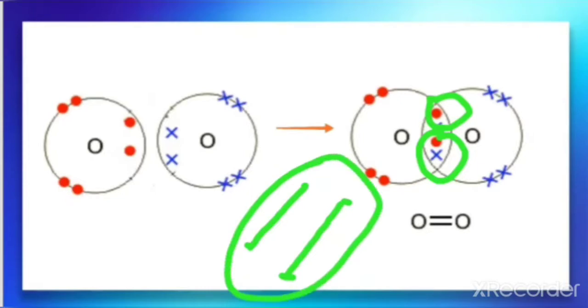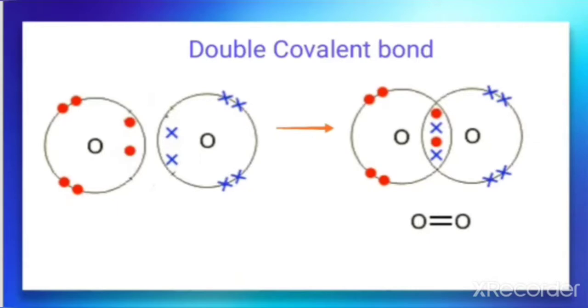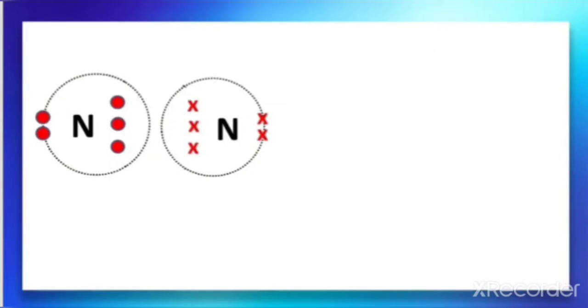These 2 lines represent the double bond. So we can say that here 2 pairs of electrons are shared. Therefore, there will be a double bond between the oxygen atoms. So if 2 pairs of electrons are shared, then that type of covalent bond is called a double covalent bond.